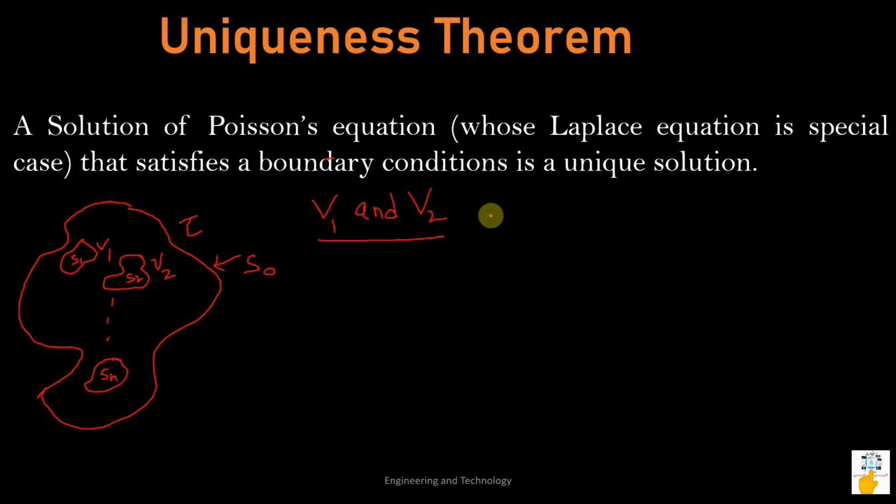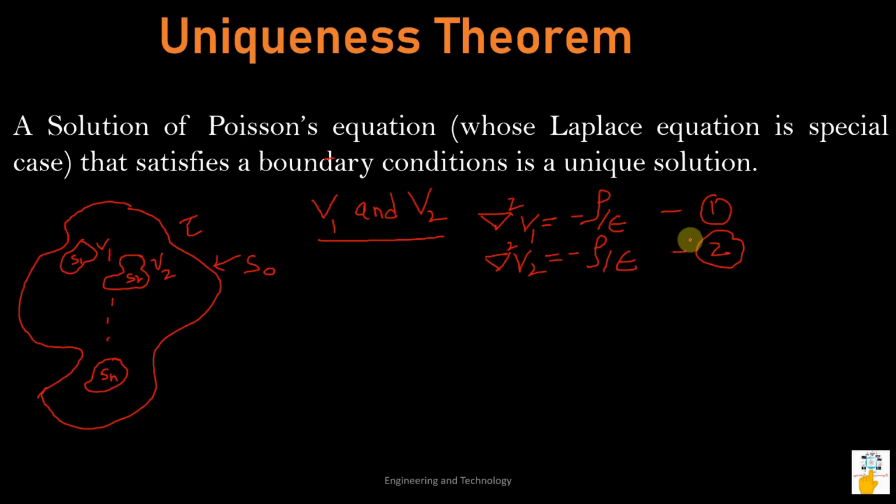These two solutions should satisfy the Poisson equation, which is del square V is equal to minus rho by epsilon. Similarly, V2 should also satisfy this equation. Let us say this is equation 1 and this is equation 2.